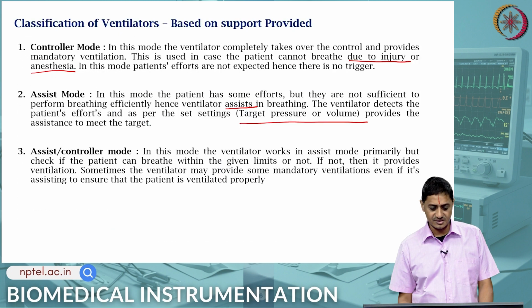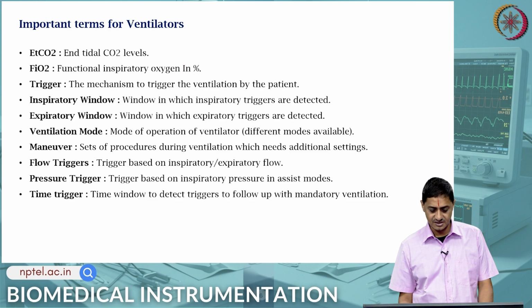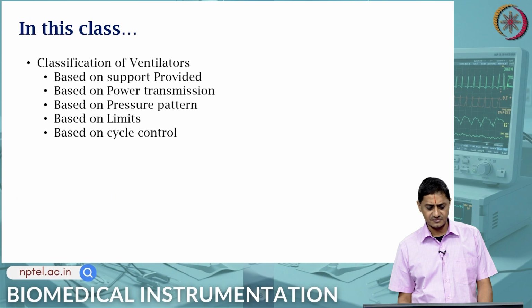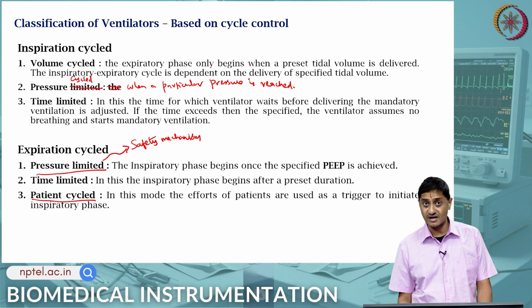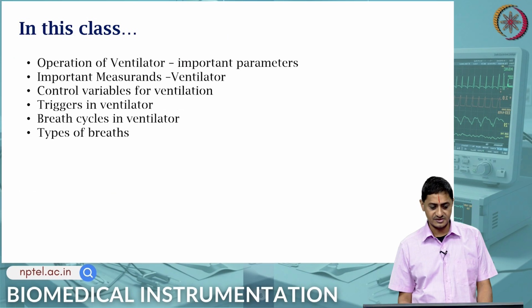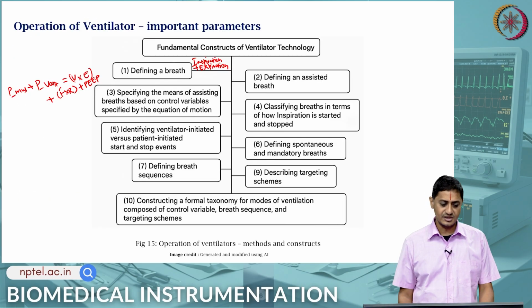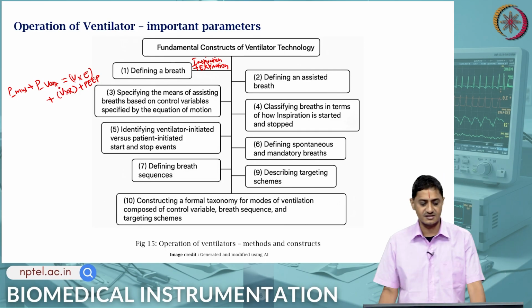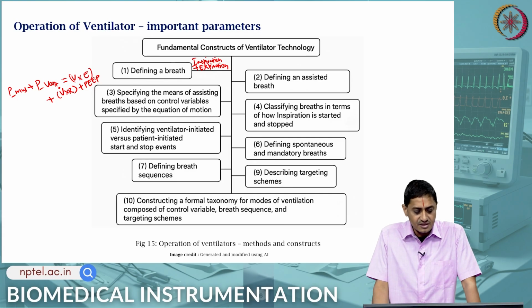And we also provided a simpler version of this. That is the governing equation, right? So, this is the governing equation. The simpler version is E times V plus R times V dot. That V dot is flow. Remember that V dot is flow. Flow times R; I had said F times R. Instead, I will say V dot times R, just so it is clear and we are consistent.